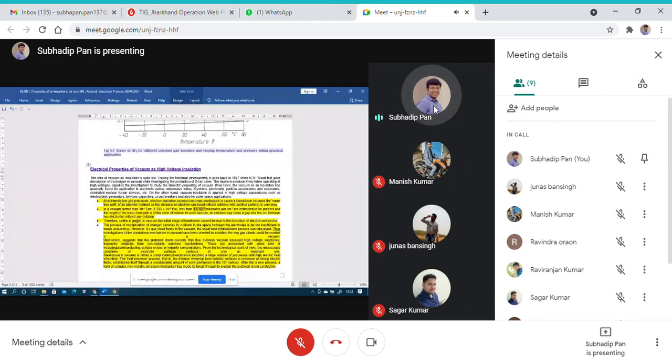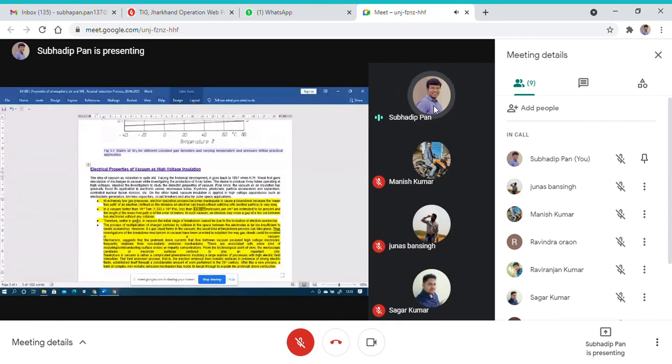So the various properties observed in vacuum, we will not use vacuum dielectrics for high voltage, but it has a very good insulation property, just like SF6 and air.